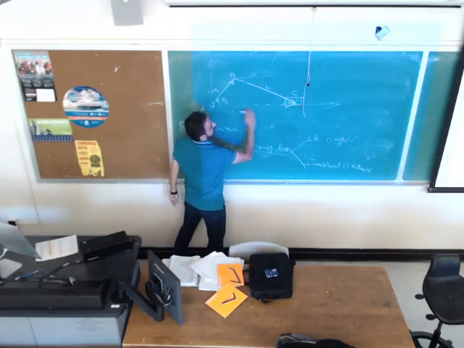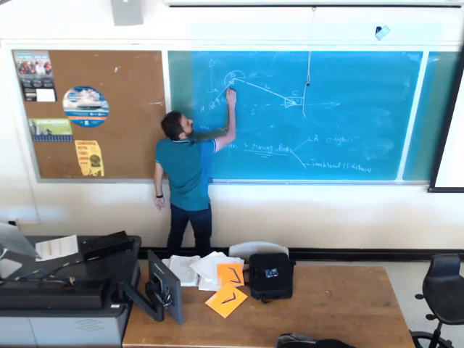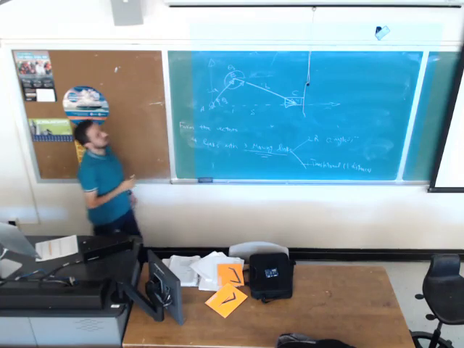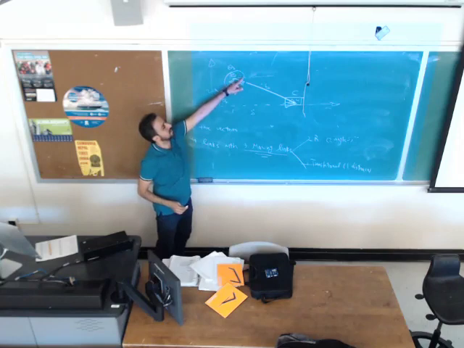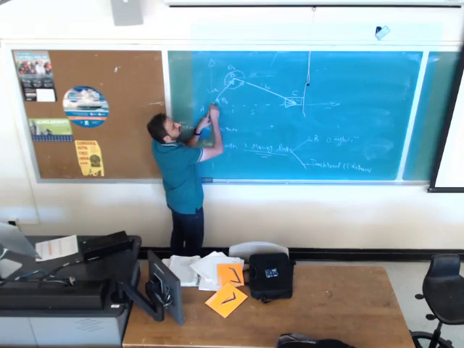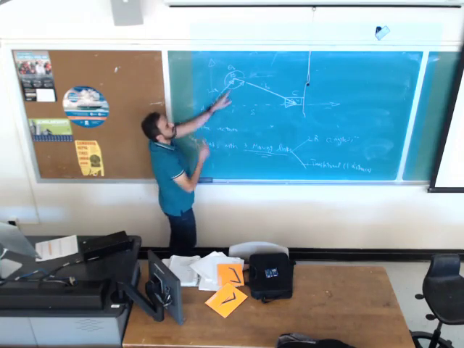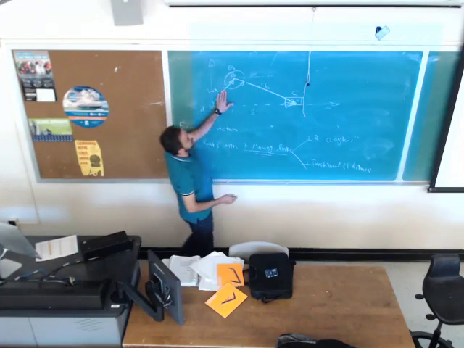Draw a line parallel to the ground, starting from the ground, and go all the way, don't stop here. This is the common mistake that I have seen. Some students just stop here and measure this as theta 3. It's not theta 3, it's the angle for link 2. If I pick point B as a starting point for this link, theta 3 is going to be this one.